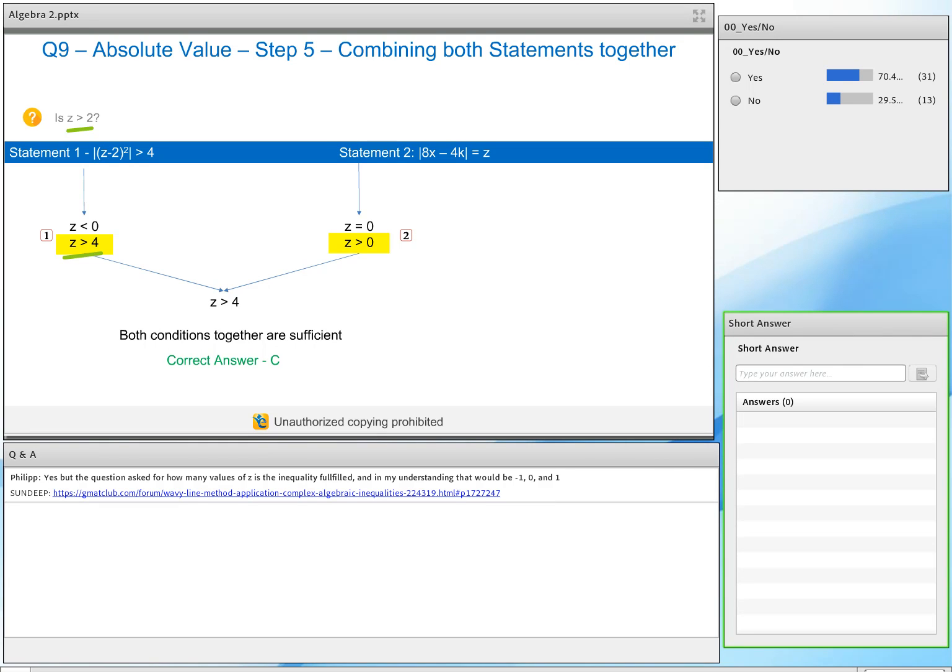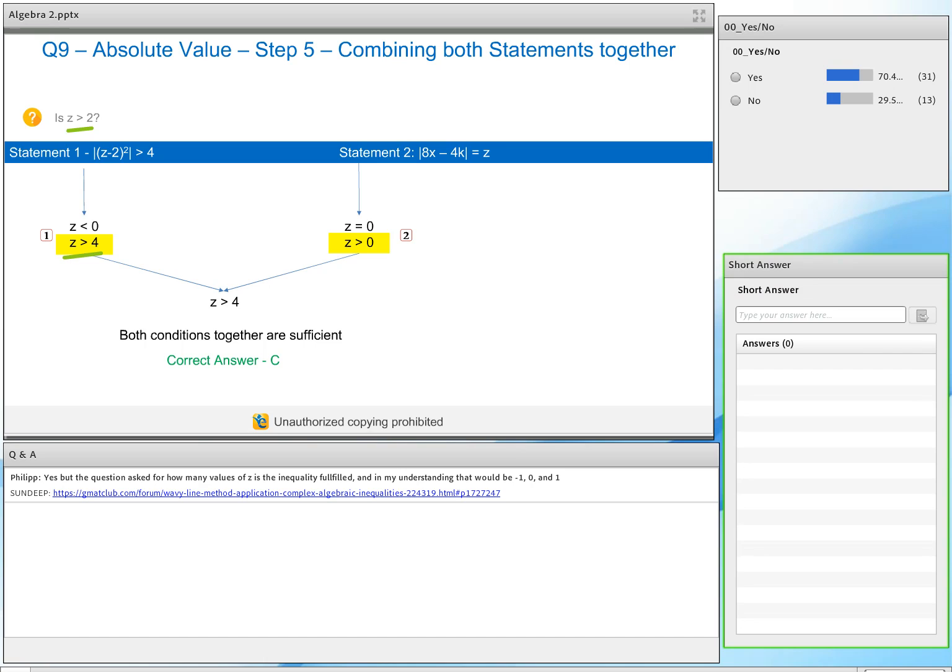So again, where did you guys falter in this question? If you think about it, all we did was we simply applied the concepts that we know about absolute values. That's it. And you have to have that razor sharp confidence in the concepts.